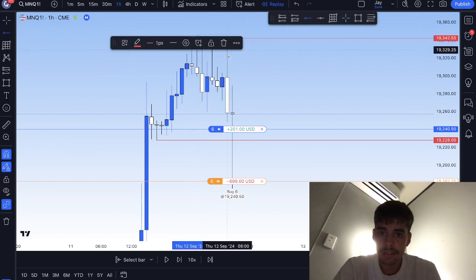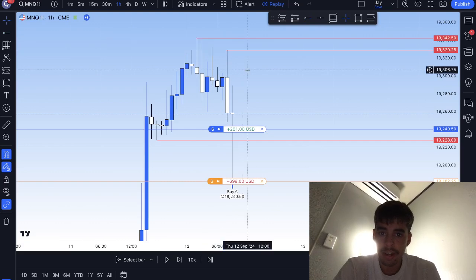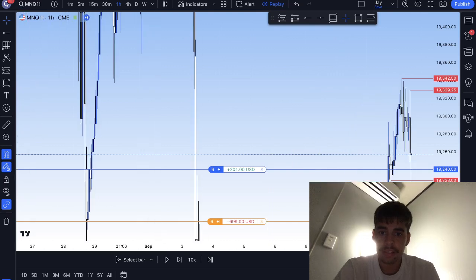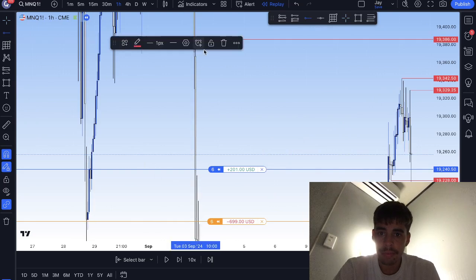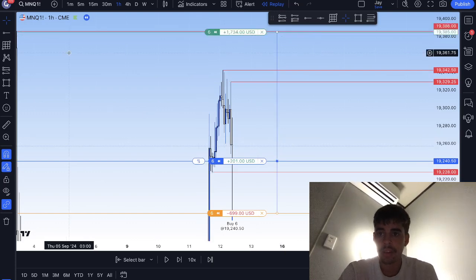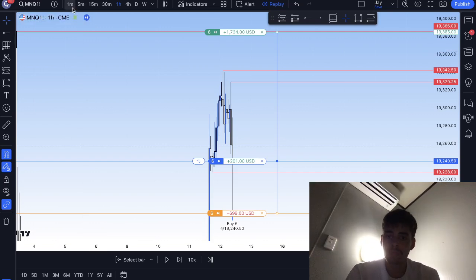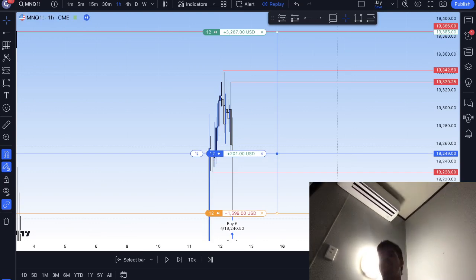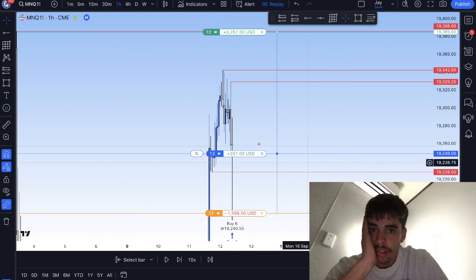Four-hour highs. 1 hour highs. And was that fair value gap, I believe. That's a 1 to 2, and that's a 1 to 3. Okay. Shit, that's not what we were meant to do.